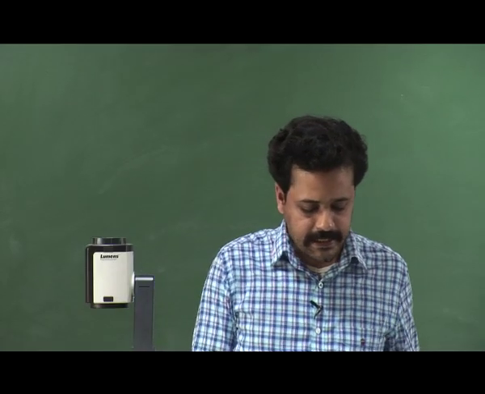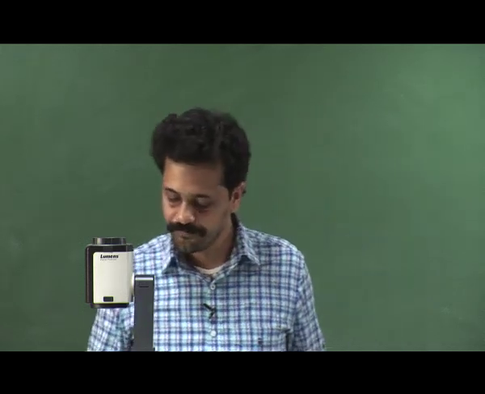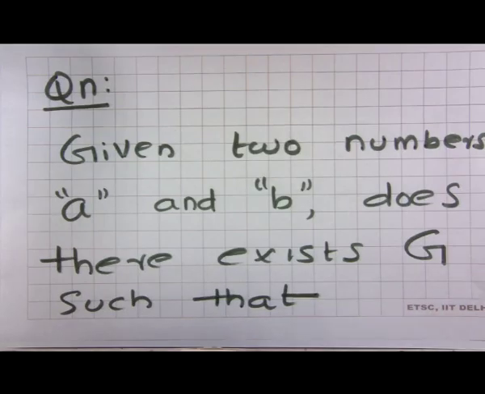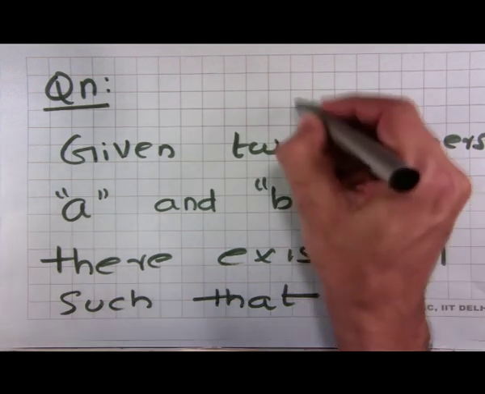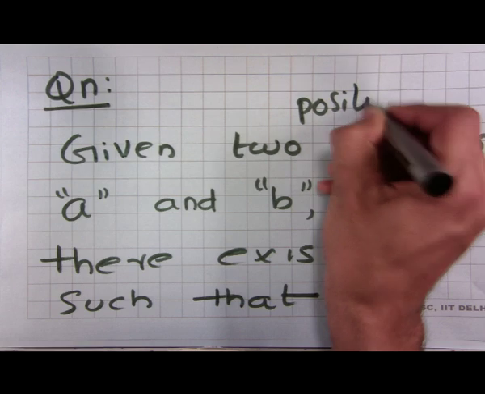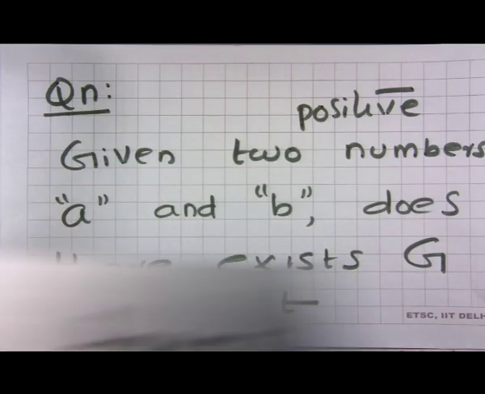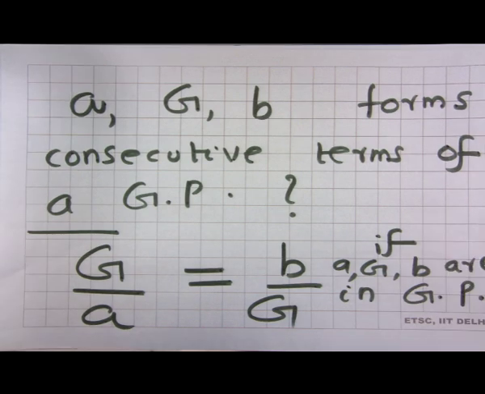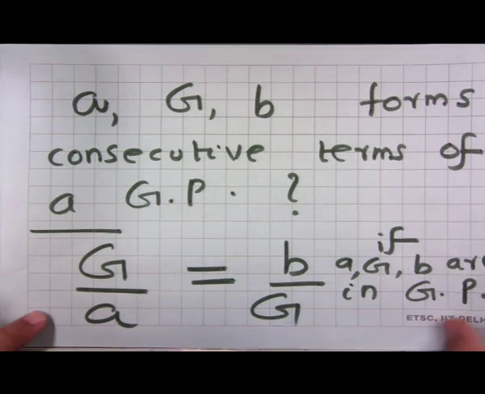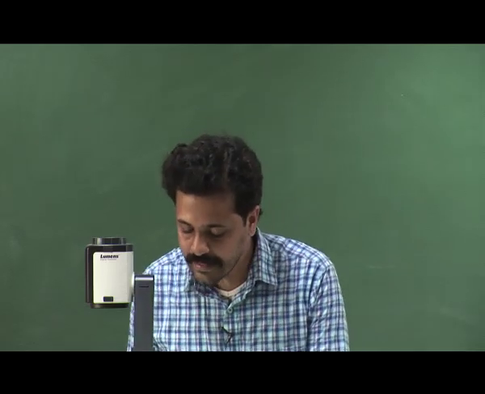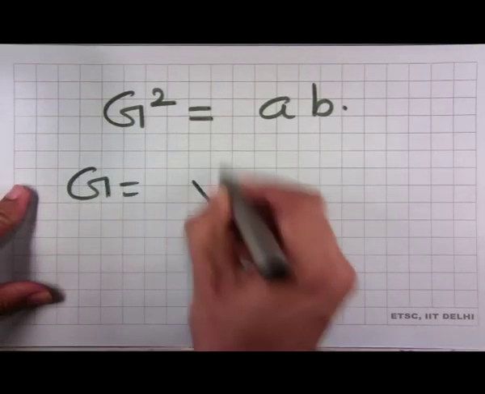So, let us slightly modify the question and ask ourselves: given two positive numbers A and B, does there exist a G such that A, G, B form a GP? Answer is yes. Take G to be root of AB.